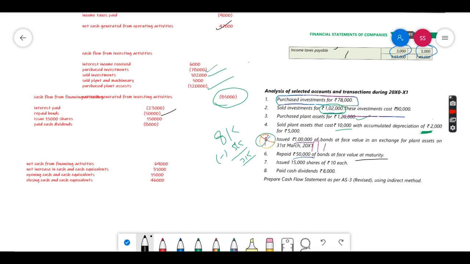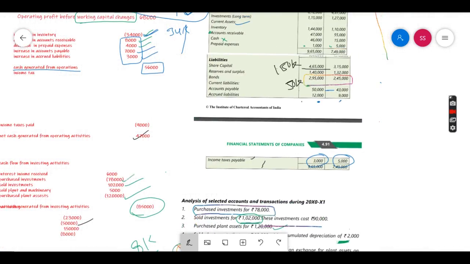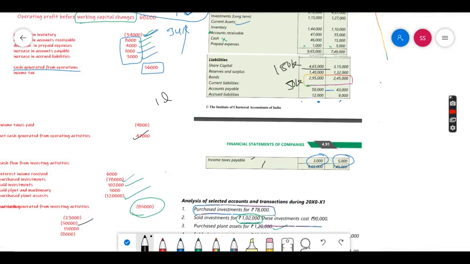Now if you observe here, we have issued 1 lakh bonds for plant and machinery, and then we have repaid 50,000 bonds. In the opening, how many bonds do we have? 2,45,000 plus 1 lakh means 3,45,000, minus we have repaid 50,000.